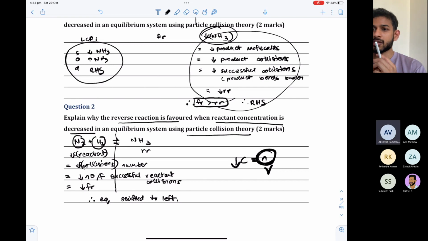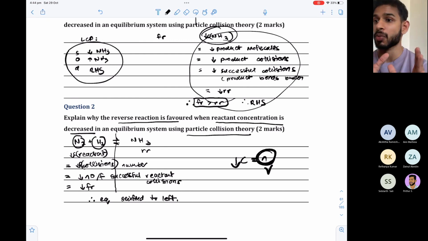A decrease in forward reaction. Yes, it'll decrease. It'll go down, right? And the reverse reaction is untouched. It'll stay the same because we haven't actually changed ammonia immediately, when we decrease the reactant concentration. So now, since the forward reaction rate is occurring lower than the reverse reaction rate, focus on what's occurring more. Don't compare the two, just focus on what's occurring more.